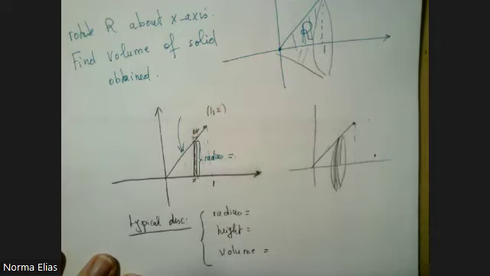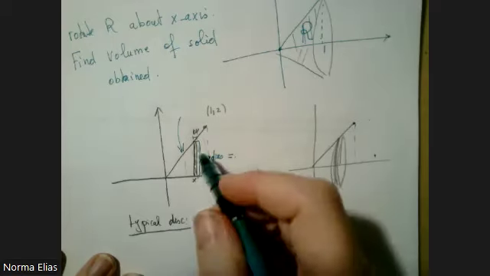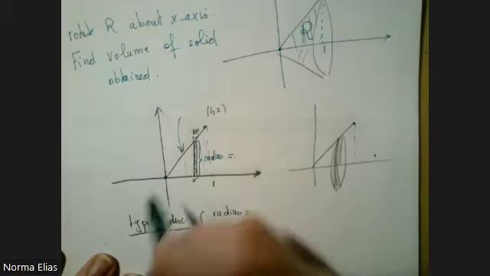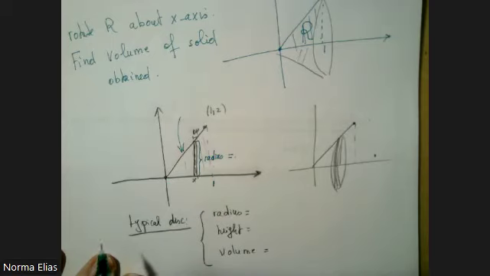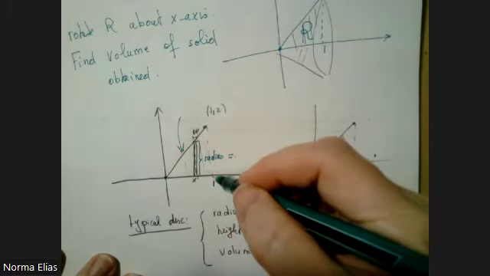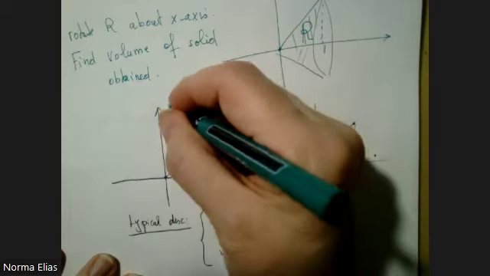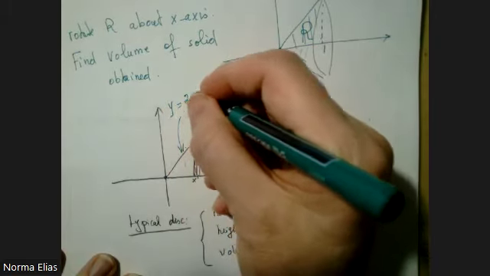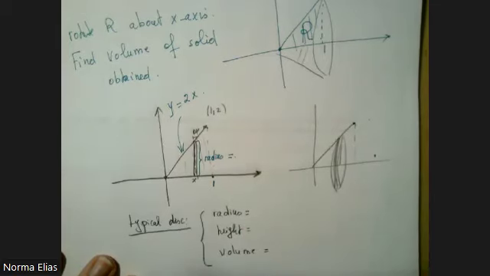You're missing the actual function. Can you give me the equation of the function quickly? Who can give me the equation of the function? This is a straight line, correct? What's the slope? You go by 1, you go up by 2. So that's y equals 2x.